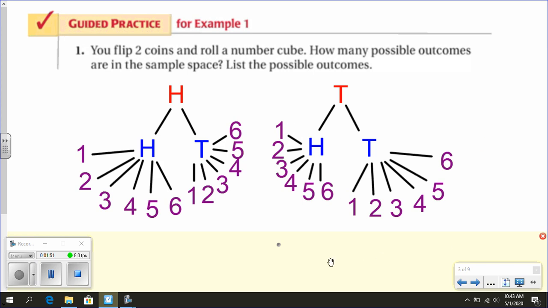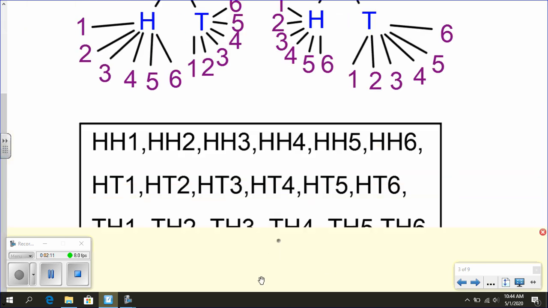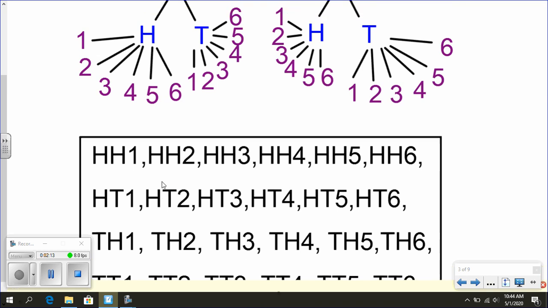So let's see how many total outcomes we have. We have HH1, HH2, HH3, HH4, HH5, HH6. And so that pattern keeps going. And I actually listed them all out here for you.